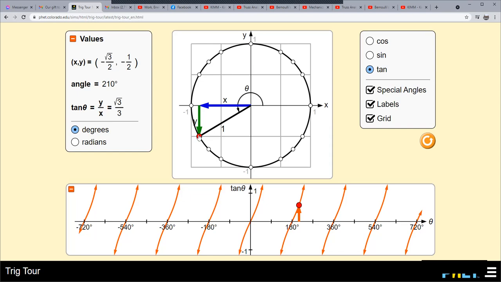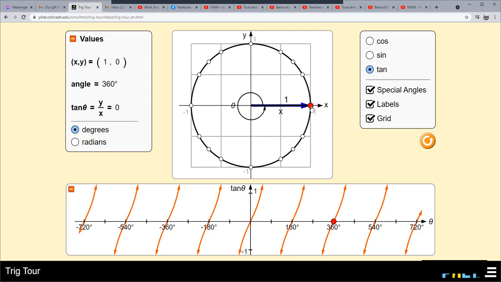As I move the line, you would also notice movement on the diagram. This is the 270-degree angle. Now we are on the fourth quadrant: 300-degree angle, 315-degree angle, 330-degree angle, 360 degrees.